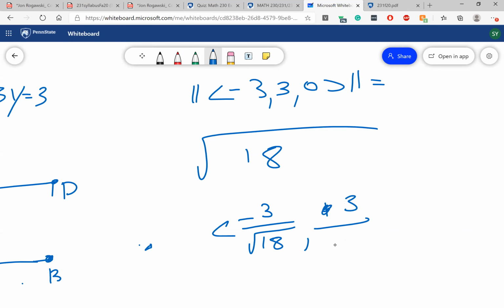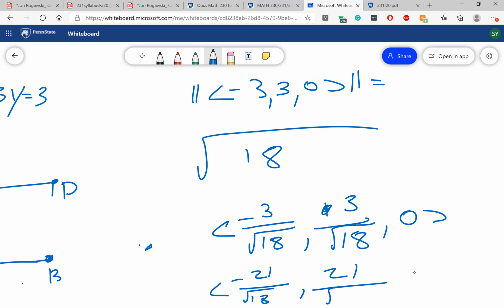The magnitude comes from this squared is 9, and this squared is 9, and then you add them. And then 0. So this is a unit vector, and then you multiply this by 7. So the answer is negative 21 over the square root of 18, 21 over the square root of 18, and 0. Any questions?